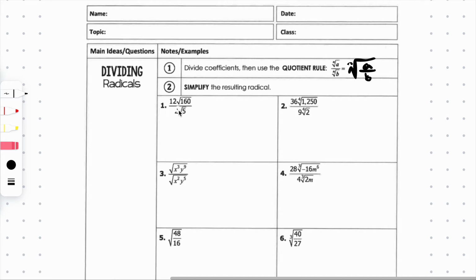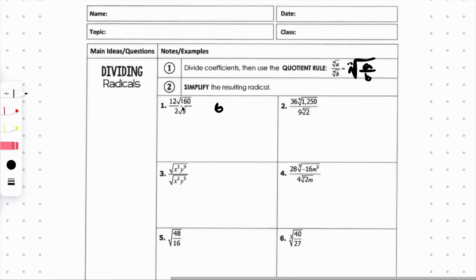So first, I see 12 over 2. Actually, let me start from the beginning. 12 over 2 is equal to 6. So I'm going to write 6.